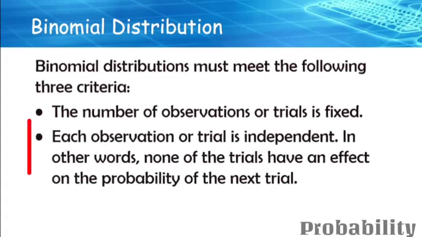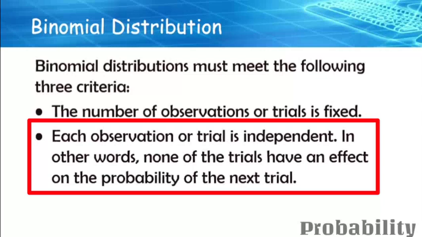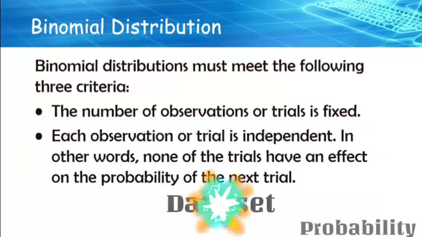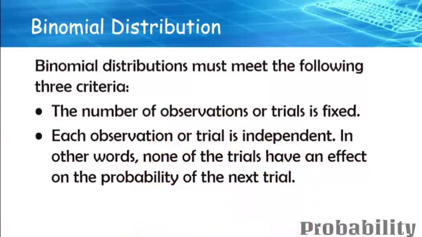Next, each trial should be independent. It should not be dependent on the others. In other words, none of the trials has an effect on the probability of the next trial. Say you are working on a data set where you have 5 rocks, and one rock is randomly taken out of a box.